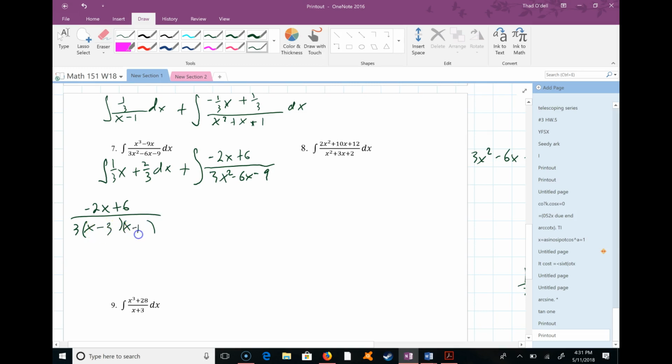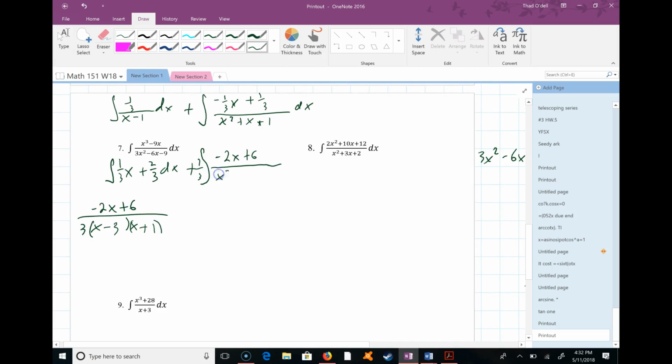Actually, what we could do is take a 3 outside, so let's rewrite this with a 1/3 out here, and we'll have x squared minus 2x minus 3. Then we're really just dealing with that. Of course that will be equal to A over x minus 3 and B over x plus 1.